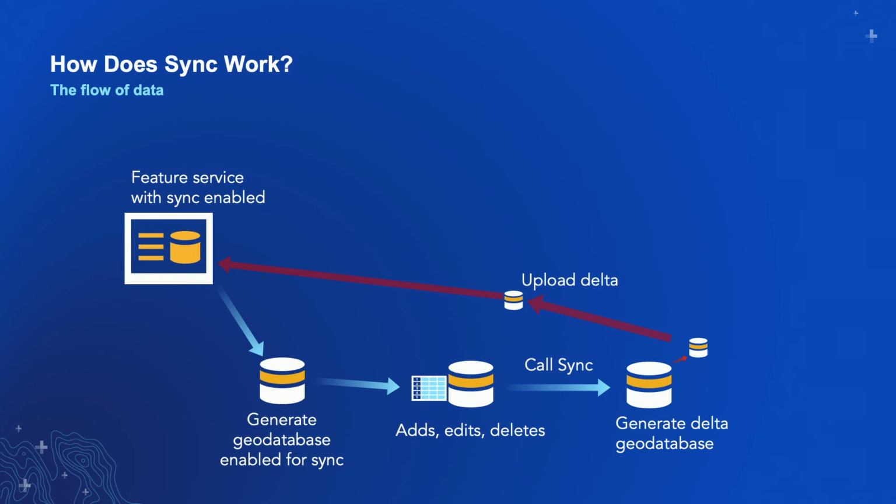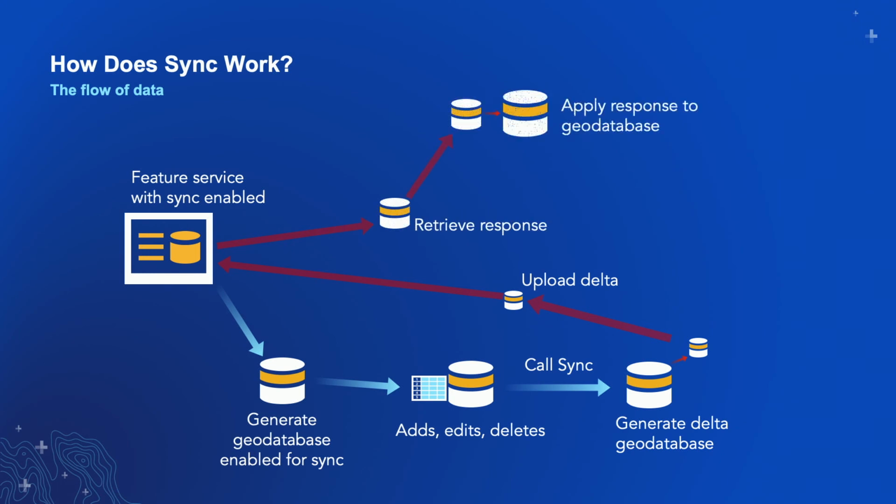The feature service then incorporates those changes into its database, but at the same time, if you were doing a bi-directional sync, the feature service would generate a delta geodatabase and send back changes that were made on the service to the client. Runtime would take those changes and apply them to the local data, and now both the server and the client are in sync again. They both have applied each other's changes.